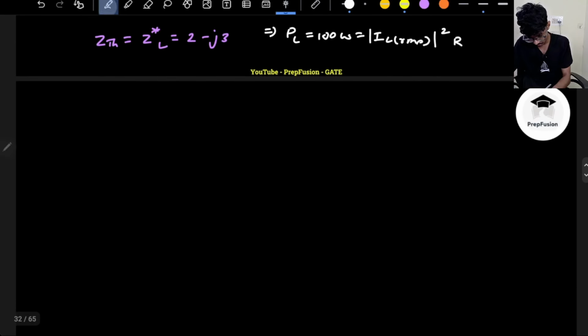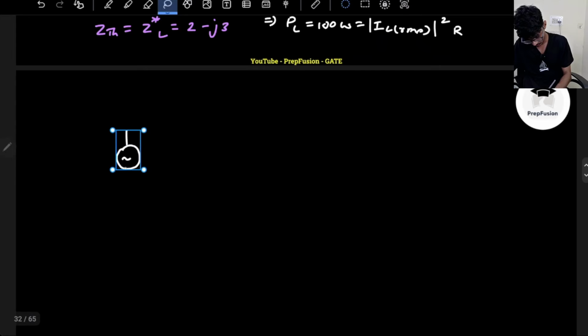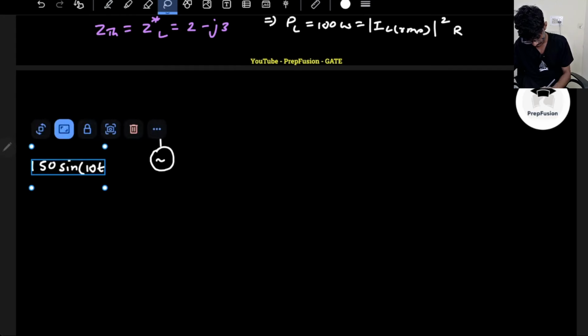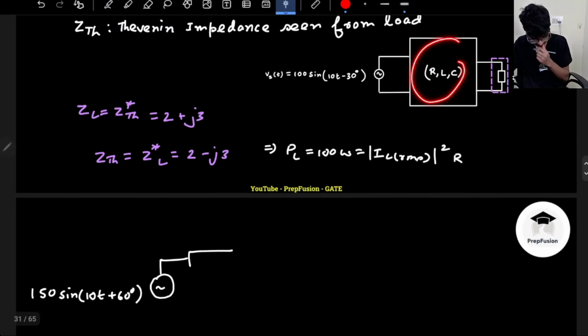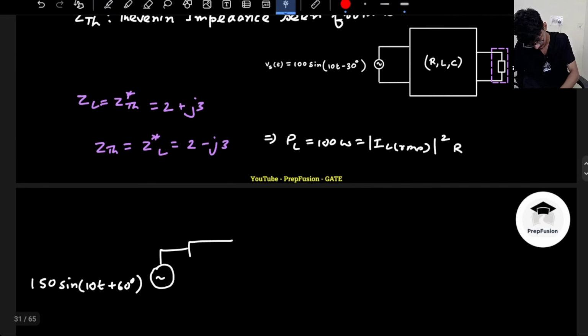I know this is my supply, the new supply is 150 sin 10t plus 60, and you can replace this whole network with a Thevenin impedance and an open circuit voltage. Okay, what is the open circuit voltage here?